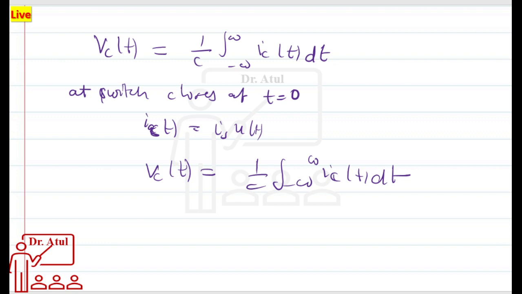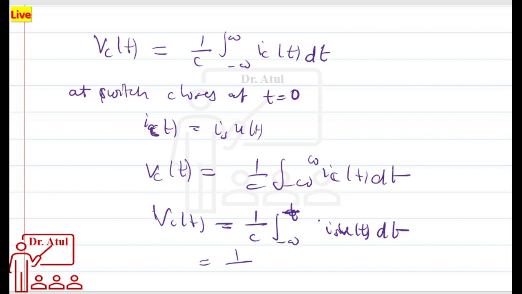Okay, so this is VC(t) equal to 1 upon C, minus infinity to t only available, so IS into u(t) dt.